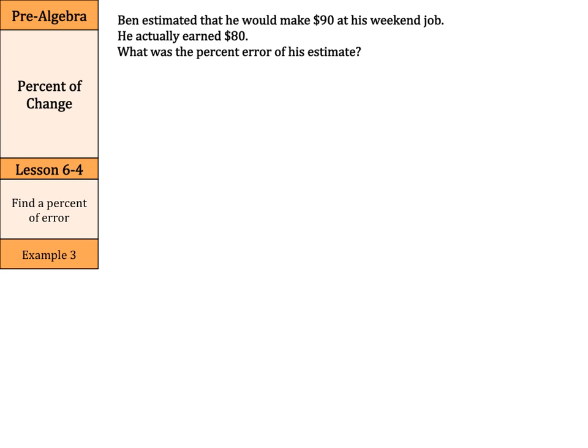So in our last example of this lesson, example 3, Ben estimated that he would make $90 at his weekend job. He actually earned 80. What was the percent error of his estimate?